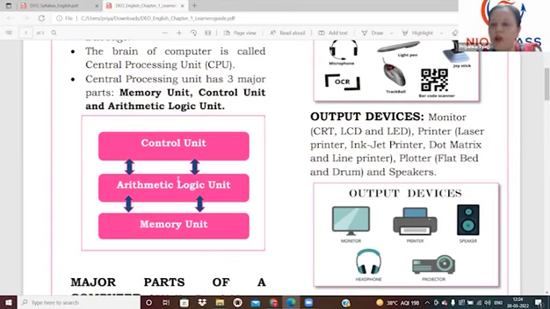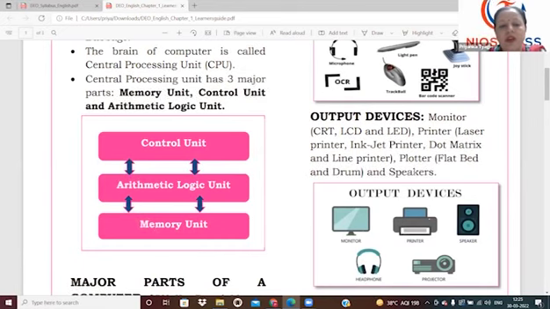So how can we take decisions on our own? With our brain. In our body, the brain is the area where we can think and store our information. Just like that, the computer can store its information with the help of the memory unit.